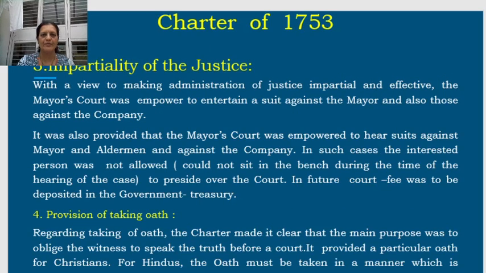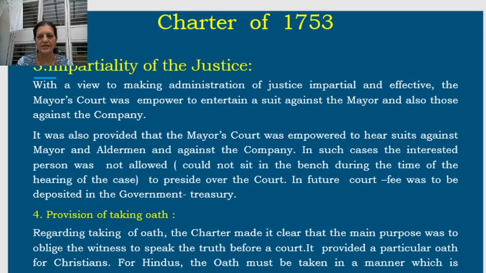Third was impartiality of justice. With a view to making the administration of justice impartial and effective, the Mayor's Court was empowered to entertain suits against the mayor and also those against the company. It was also provided that the Mayor's Court was empowered to hear suits against the mayor and aldermen and also against the company.